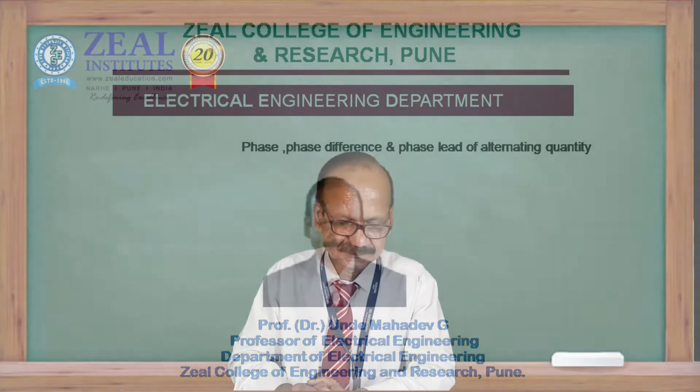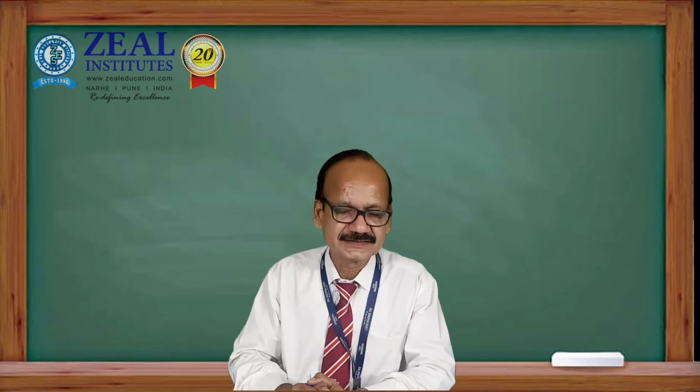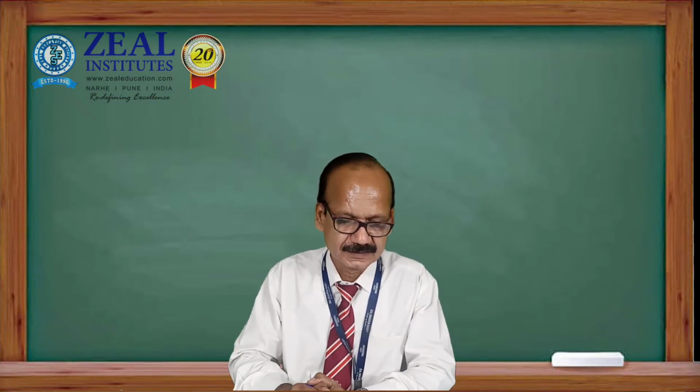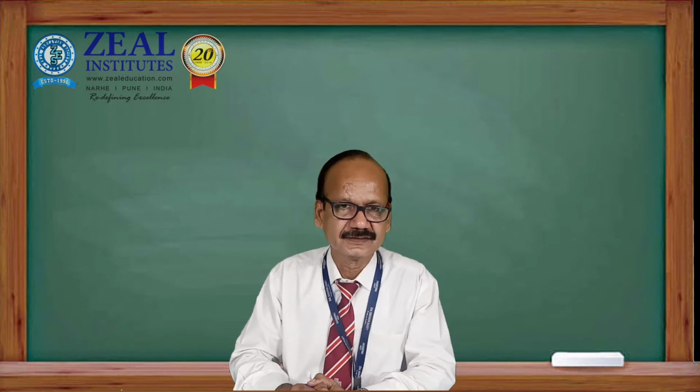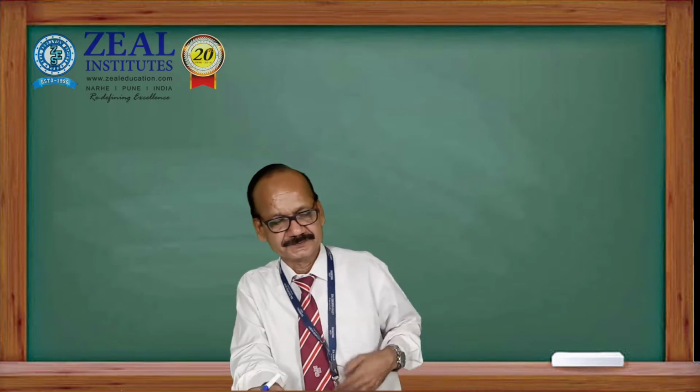Hello students, in a previous lecture of the AC fundamentals, we have solved a few numericals based on the RMS value, average value, instantaneous values, the form factor, peak factor, and so on.